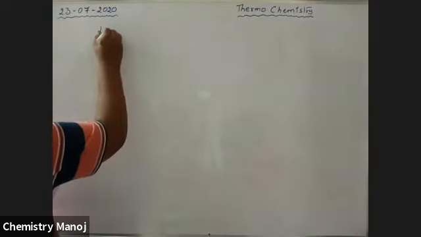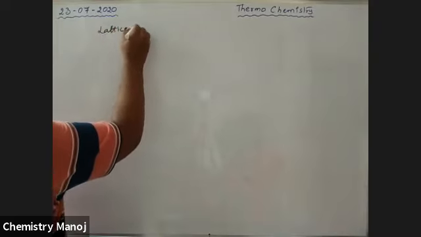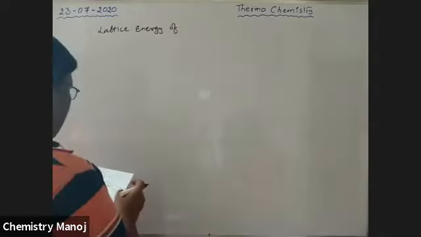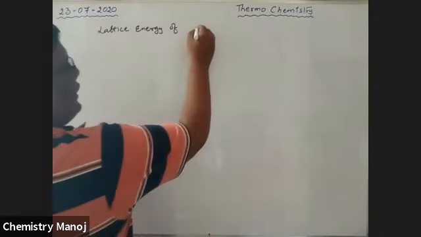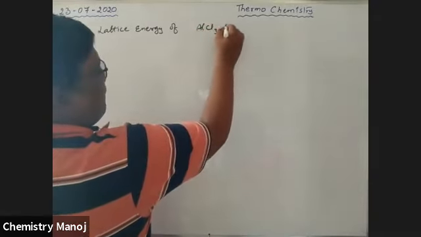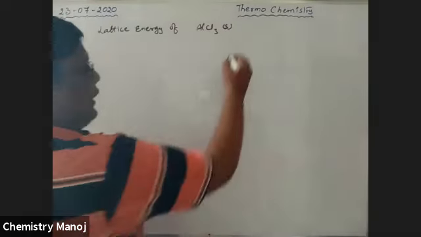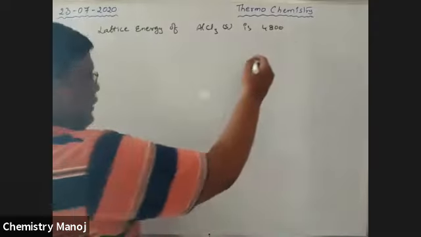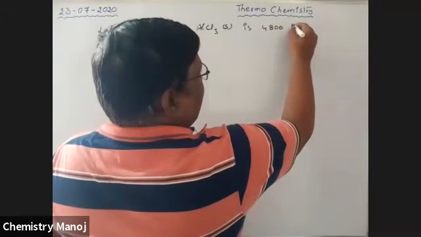The lattice energy of solid AlCl3 is 4800 kilojoule per mole.